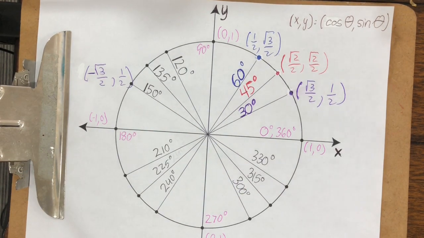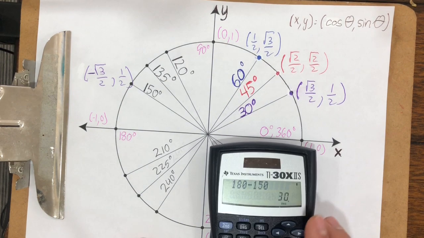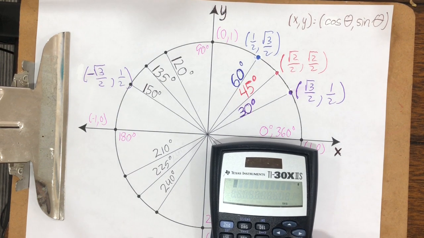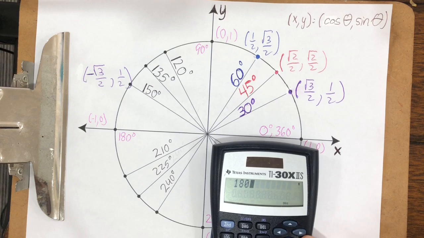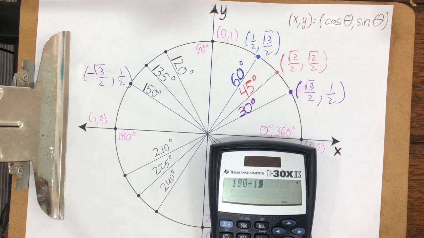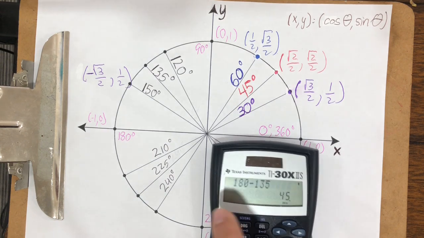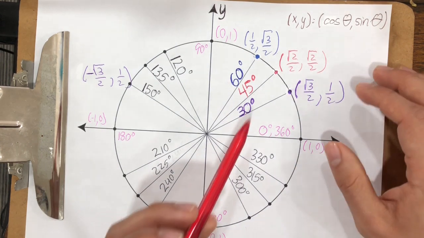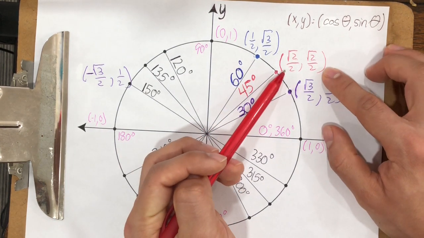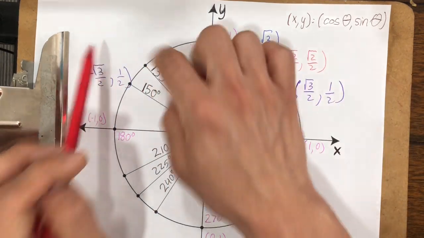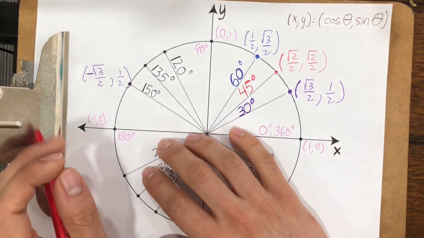Now let's figure out the reference angles for the rest of the angle measurements in quadrant 2. I have 180 degrees, subtract 135, and I get a 45-degree angle measurement as my reference angle for 135. So I'm going to copy my x and y coordinate for 45 degrees and paste it in the same spot as 135.